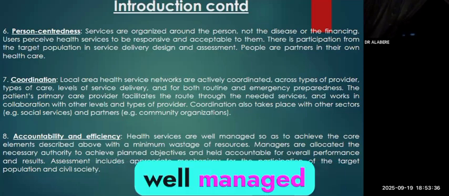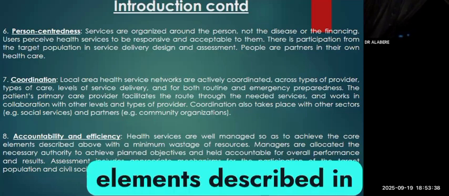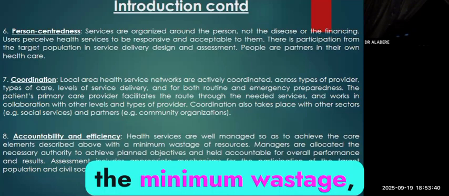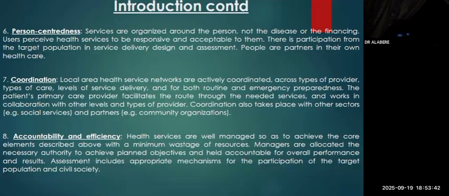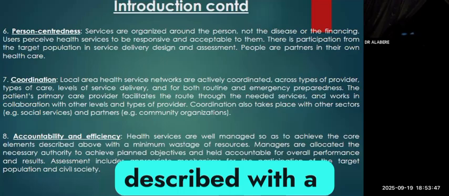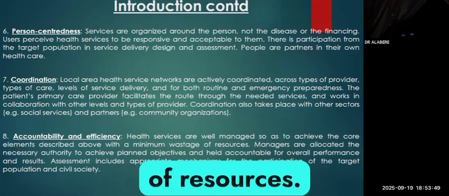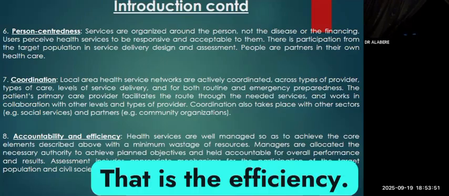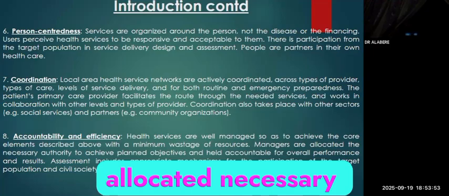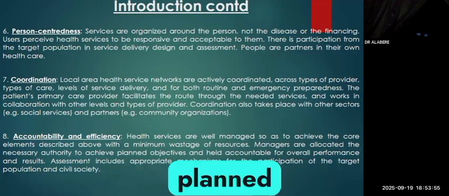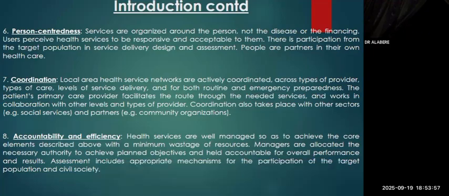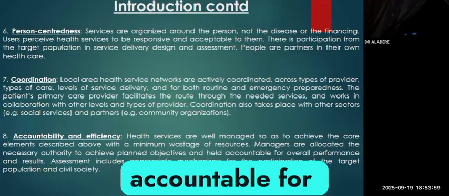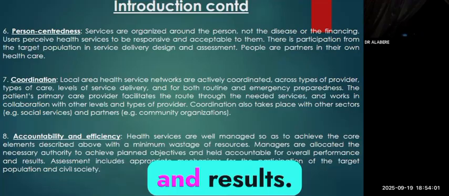Health services are well managed so as to achieve the core elements in the different characteristics we have described, with a minimum wastage of resources. That is the efficiency. Managers are allocated necessary authority to achieve planned objectives, and they are held accountable for overall performance and results.